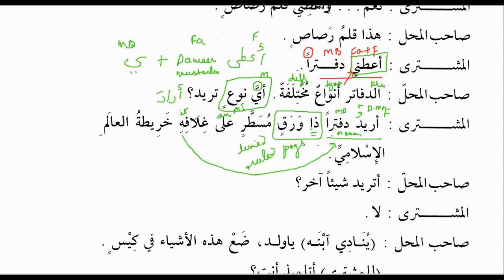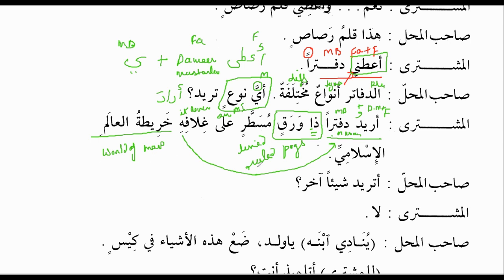Its ghilaf, its cover should be kharitatu al-alami al-islami. So the cover should be kharita, map of the world. So this is also an idafa, map of world, or you can say in another way, world map.